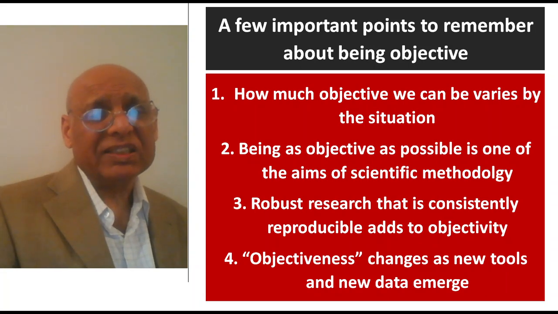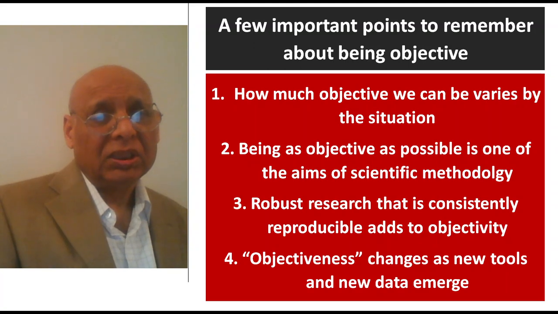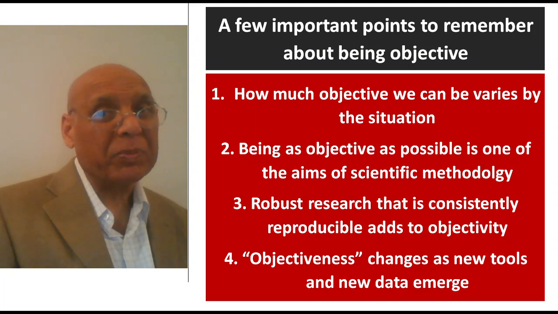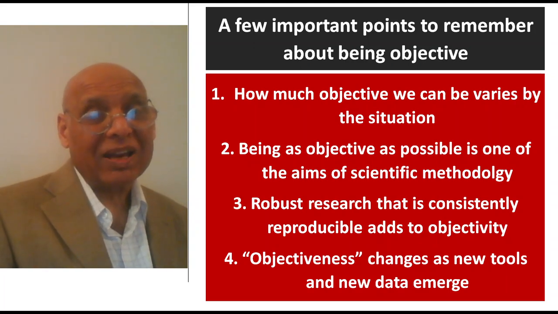Finally, objectiveness changes as new tools and new data emerge. So if we are measuring something in a certain way now, but say in a few years we develop a device or a method that measures the same thing more precisely and more accurately, then objective data will change, or might change.